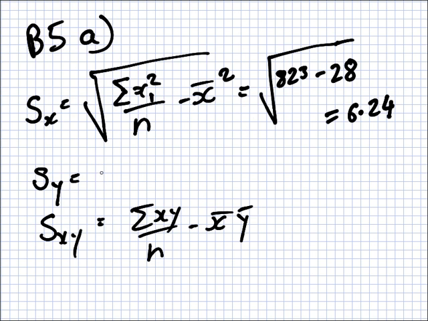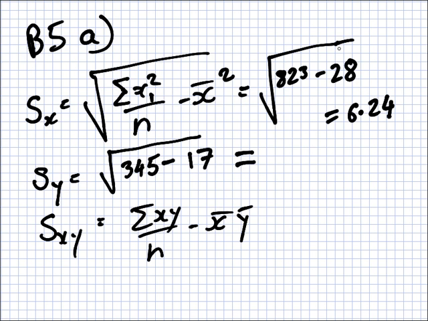Yeah. Sy will be the same. Square root of 3450 over 10 minus 170 over 10. So what do you get there? Square what? 28.